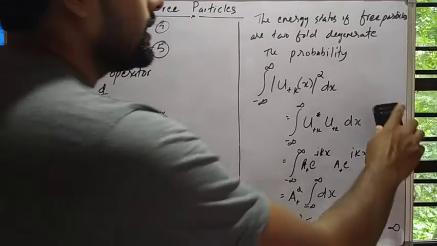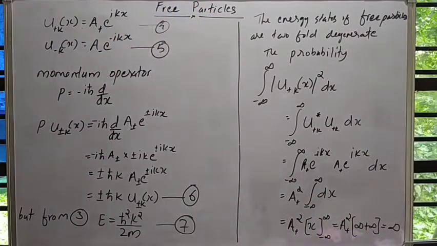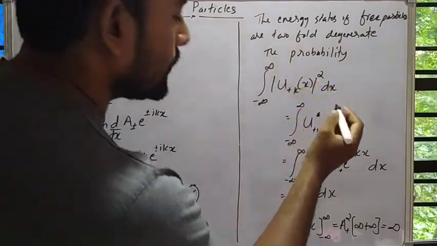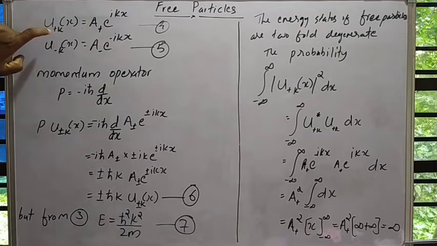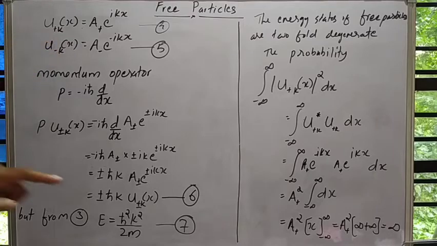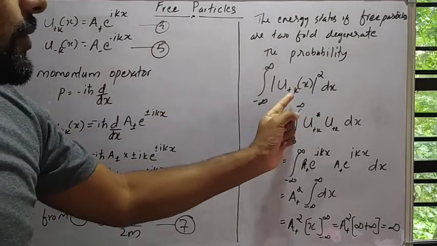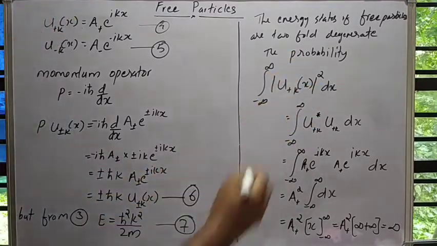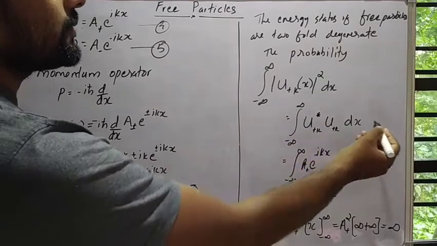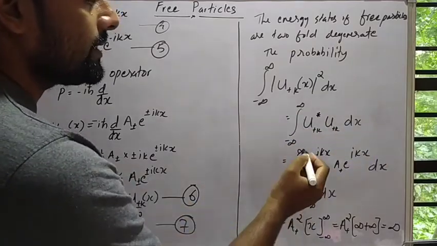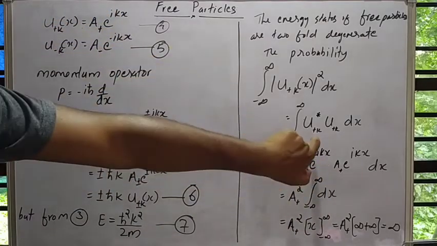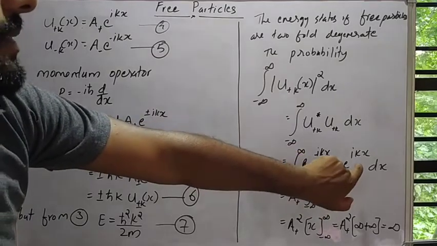Let us check what we'll get by using these wave functions. This is the integral from minus infinity to plus infinity of mod u, just considering only one wave function. This is the same for the other wave function too, but for simplicity I am taking only one, that is u plus k of x. Mod u plus k of x whole square dx is equal to the integral of u star u dx, which is the integral of A plus e raised to minus ikx times A plus e raised to plus ikx.